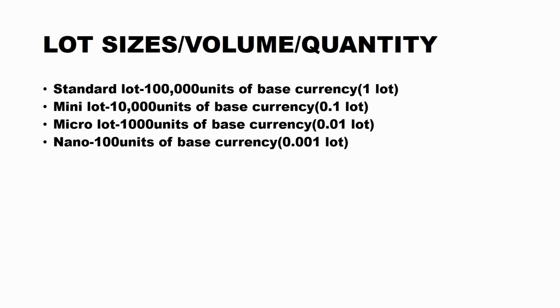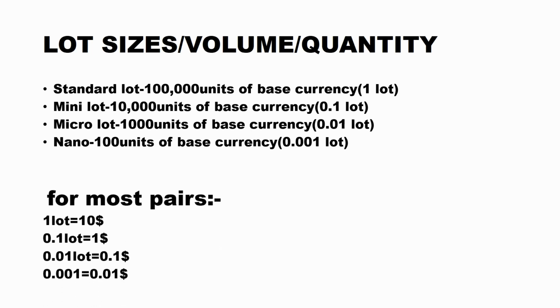Then the mini lot is worth 10,000 units of the base currency, which is the same as 0.1 lot. Then the micro is worth 1,000 units of the base currency, which you can write as 0.01. Then we have the nano. This one is for those who trade synthetic indices, right? Nano is 100 units of the base currency, which is equivalent to 0.001 lot, right?